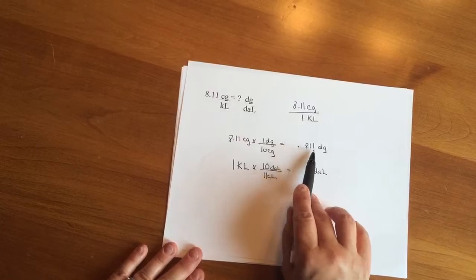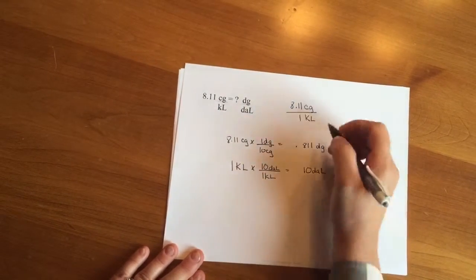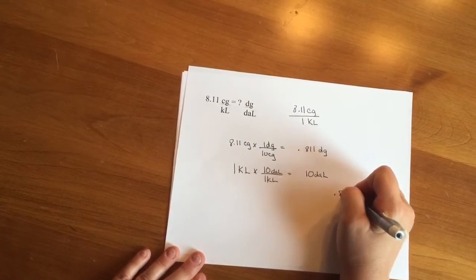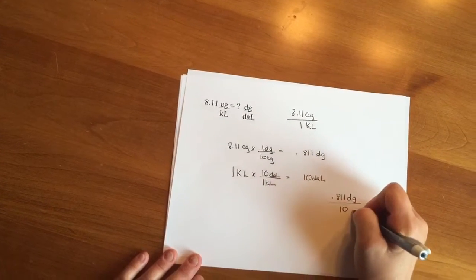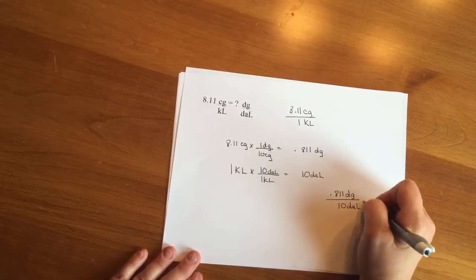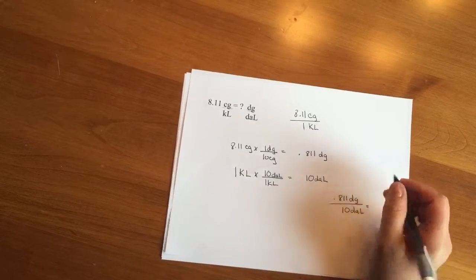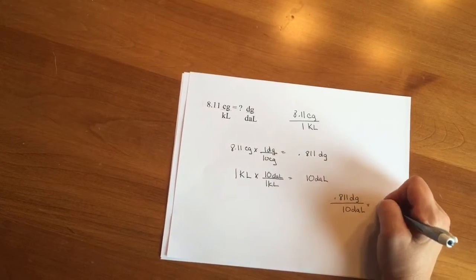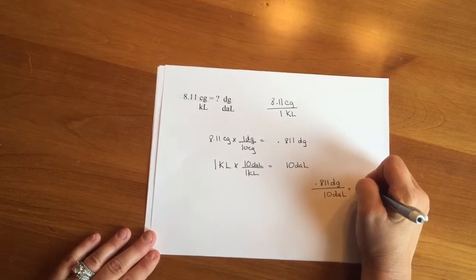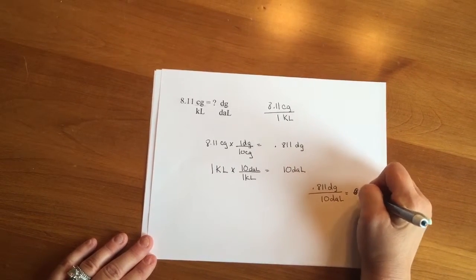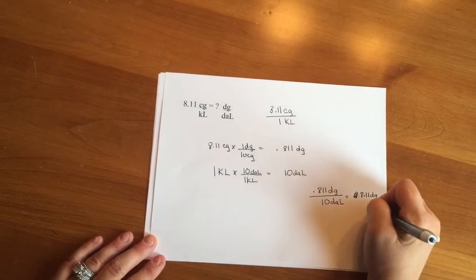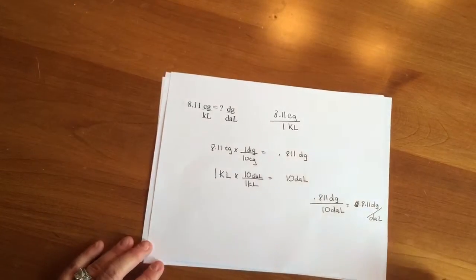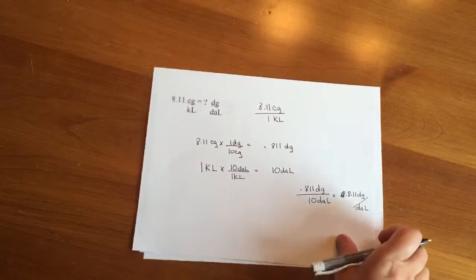So all we have to do now is divide these two. So we have 0.811 decigrams divided by 10 deciliters, and we get 8.11 decigrams per deciliter. So that's how we do the first example.